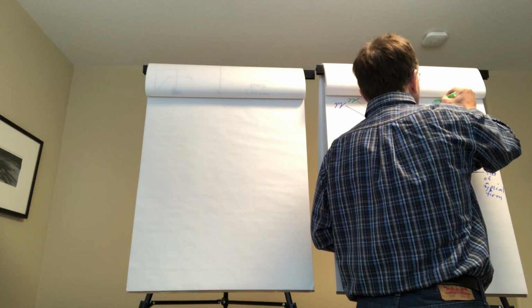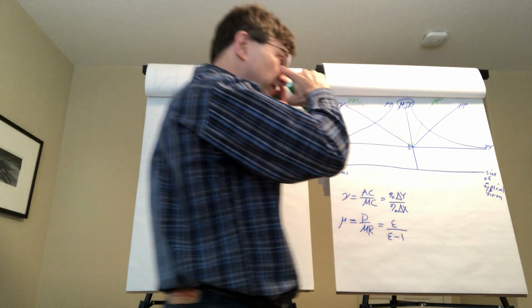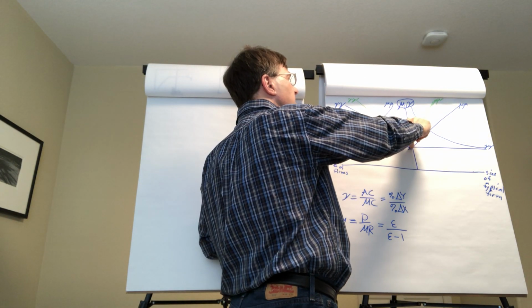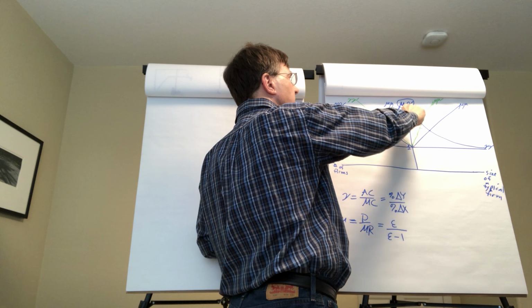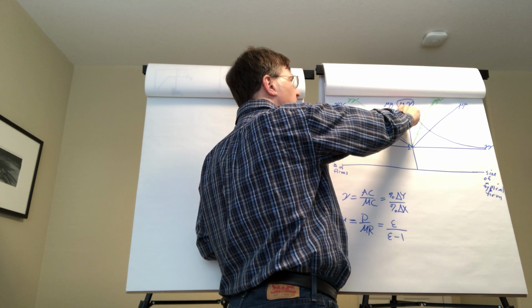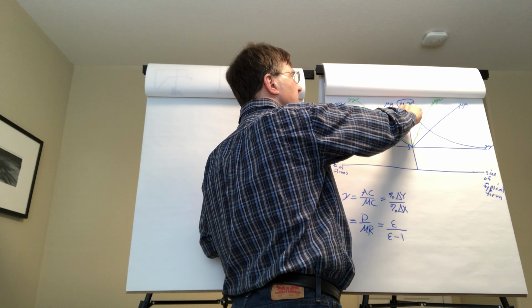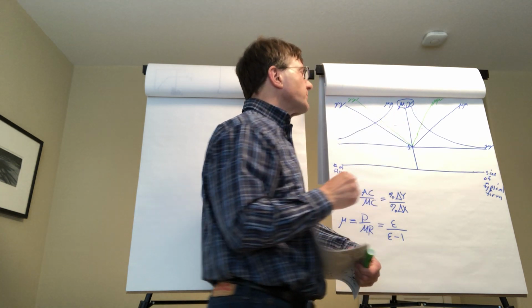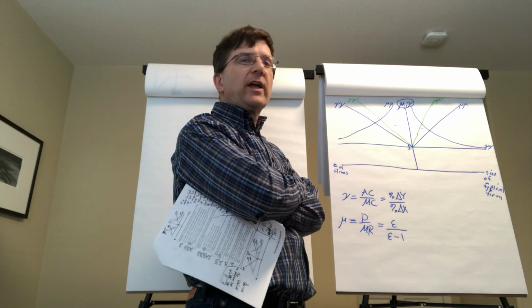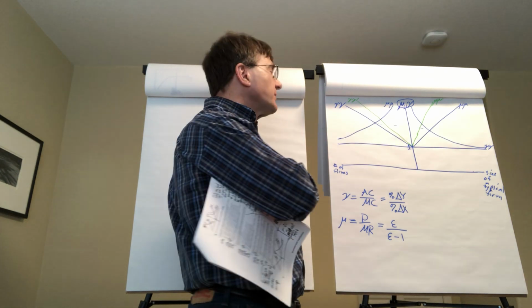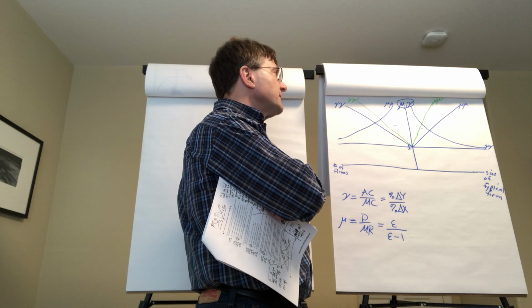Now notice both of these shifts tell a consistent story about the level of things here going up. So mu and gamma are going up. The markup ratio of price over marginal cost goes up. The degree of returns to scale goes up. With the markup ratio going up, with marginal cost unchanged, that means the price is going up, average cost is going up.